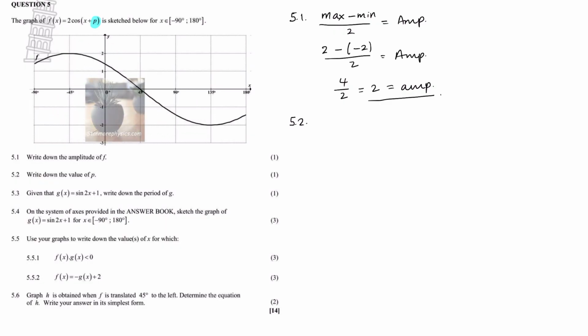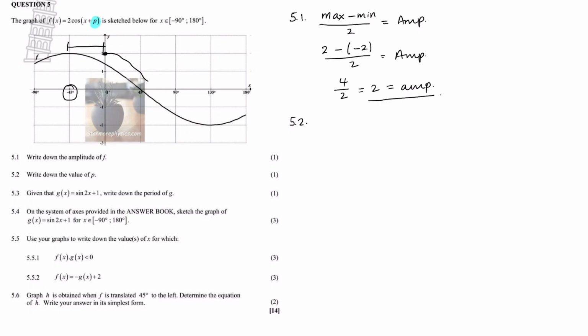The way that you would solve it through inspection is by first remembering how a normal cos graph would look. A normal cos graph would start at 1 or 2 and then go downward. However, this maximum has now been shifted 45 degrees to the left.